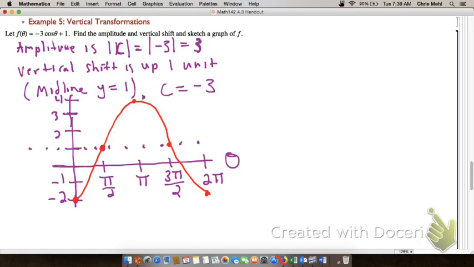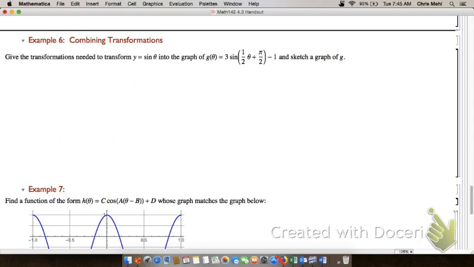So one more example for this video. I'll post another video tomorrow morning combining the transformations. We'll do an application problem. Okay, so one more example. Actually, folks, I lied. That was the one example of a vertical transformation. So what I'll do is I'll put this on hold.